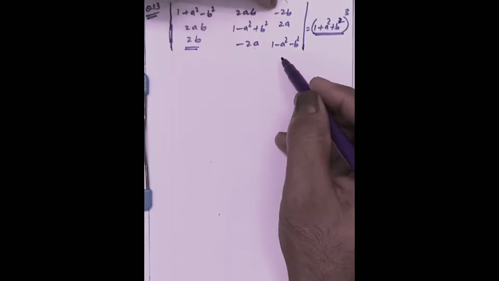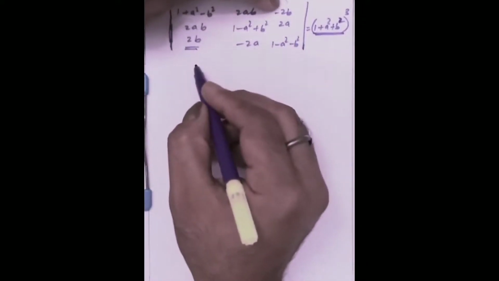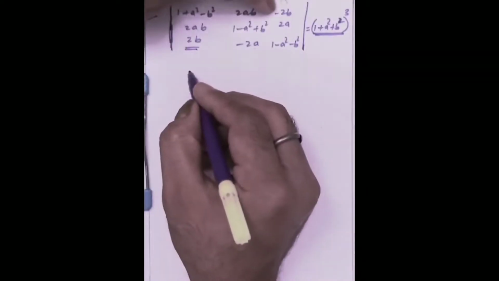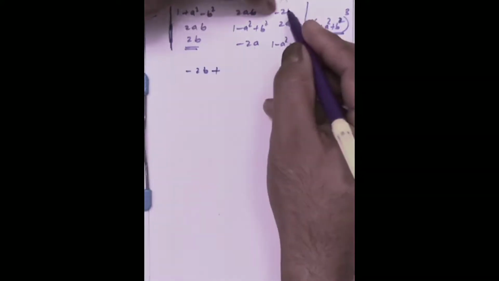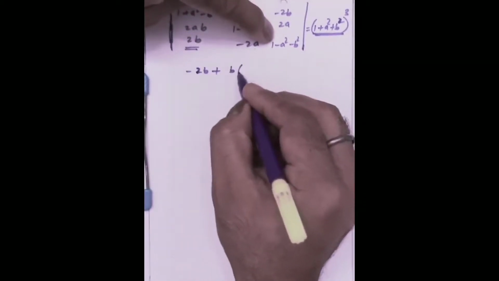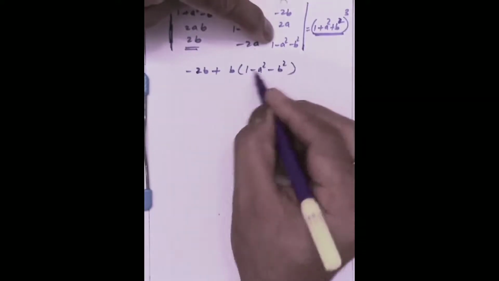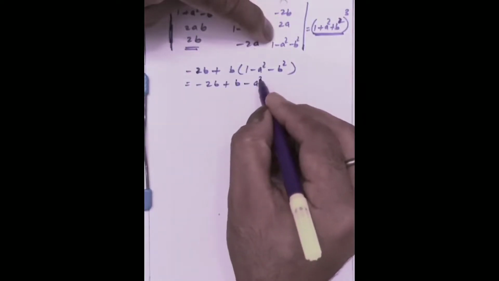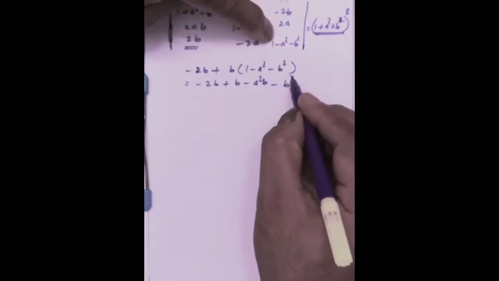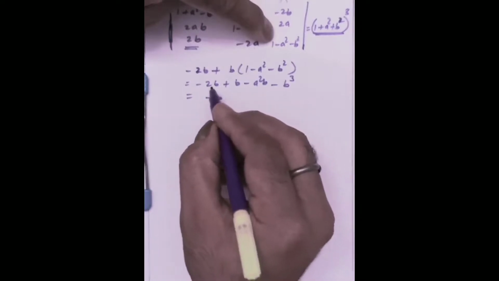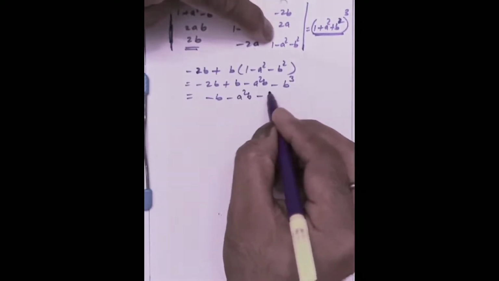And then last one, look at here, this minus 2b, if we do it this way, that minus 2b plus b times, actually we are multiplying by b to the R3. This is just a trial I am telling you. Let us see. B times 1 minus a square minus b square. So this is equal, let us solve it, minus 2b plus b minus a square b minus b power 3. So minus 2b plus b, and then this minus b, and then minus a square b, and then minus b power 3.